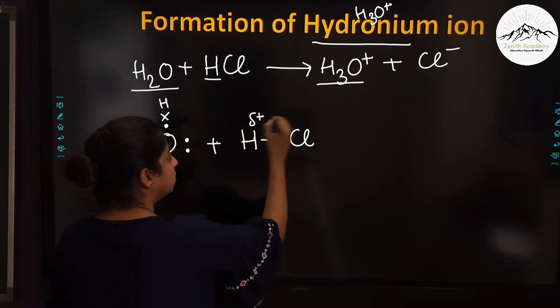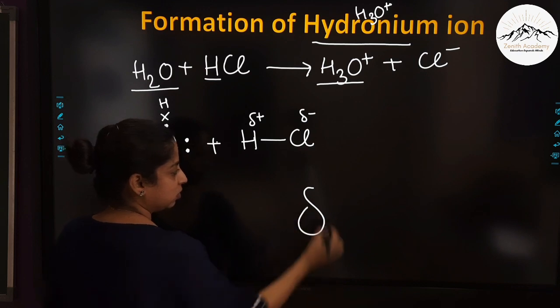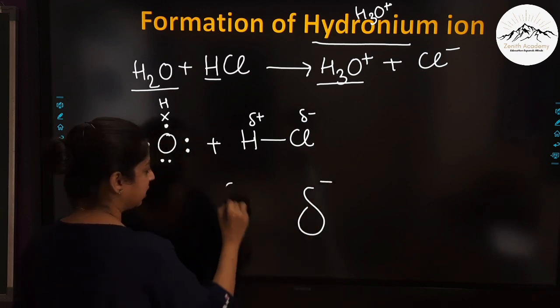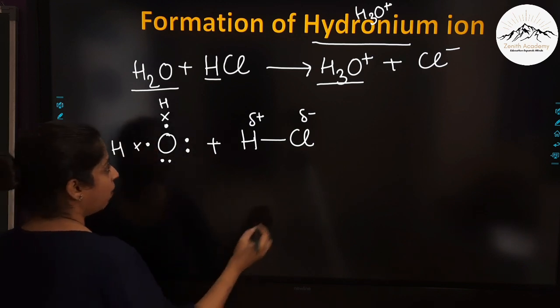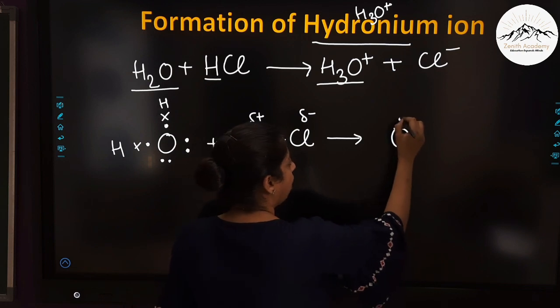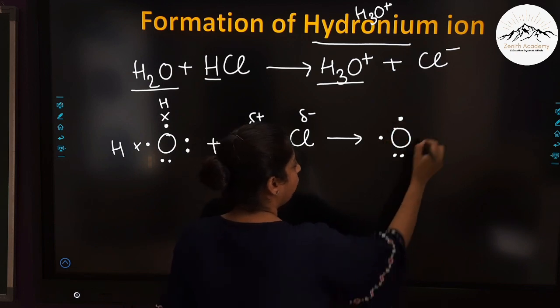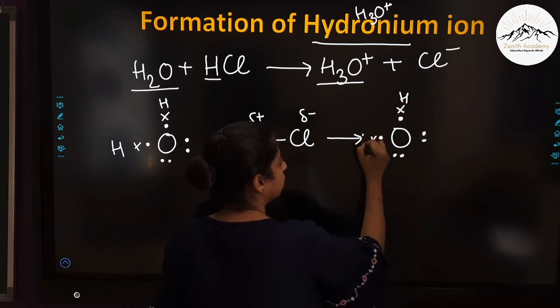So I draw this sign, this is the sign of delta. Slightly negative you draw like this, slightly positive you draw like this. Now what happens here? You can see oxygen 1, 2, 3, 4, 5, 6, 1 hydrogen and 1 hydrogen.